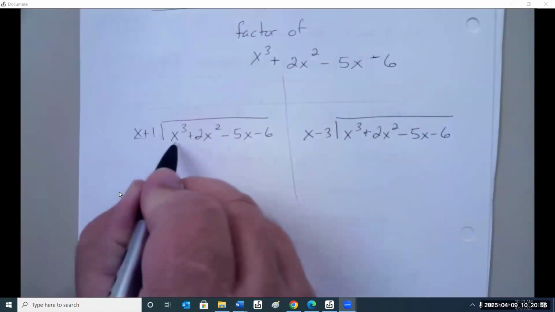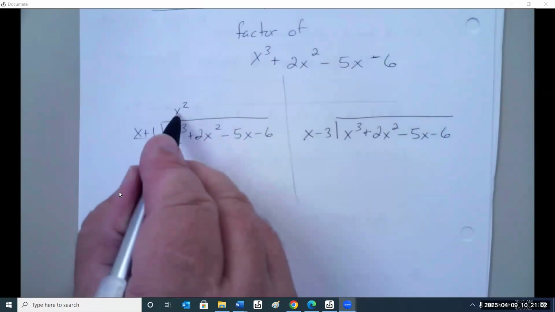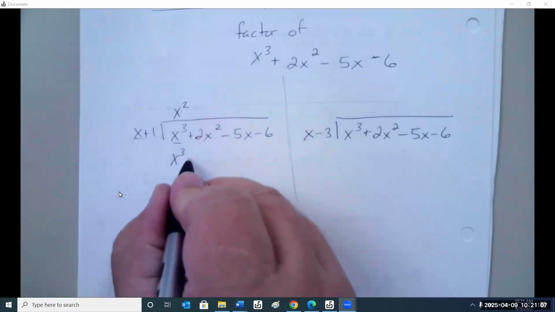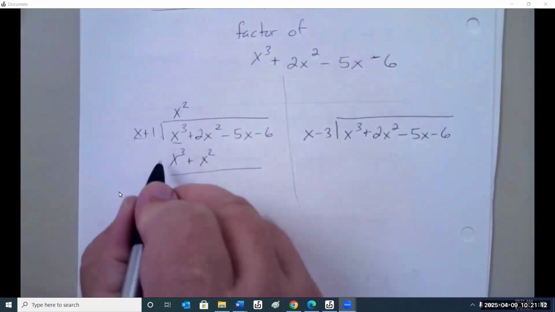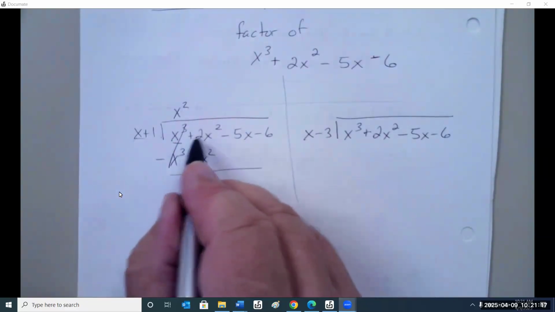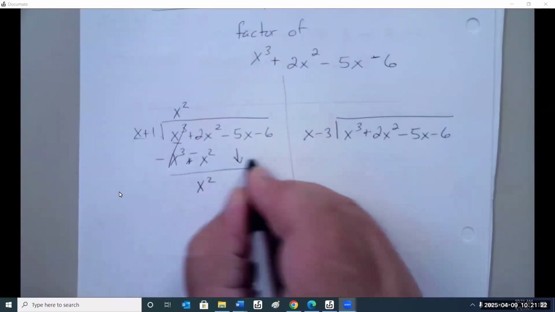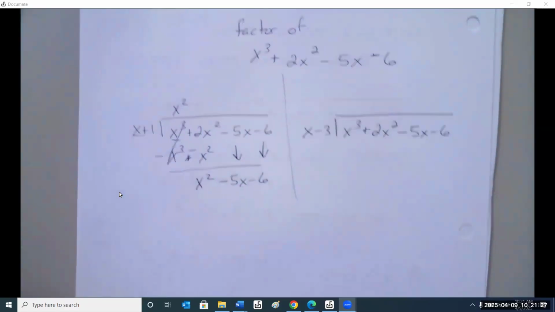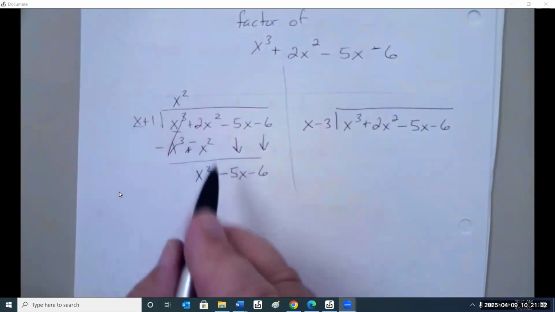So what times x gives me x cubed? x squared. So x squared times x is x cubed. x squared times positive 1 is positive x squared. Change the signs and add. 2x squared minus 1x squared is 1x squared. Bring down everything else. And repeat the process. What times x gives me x squared?